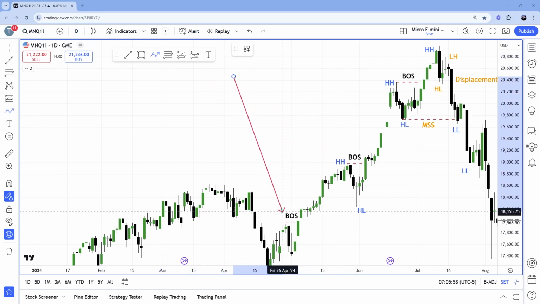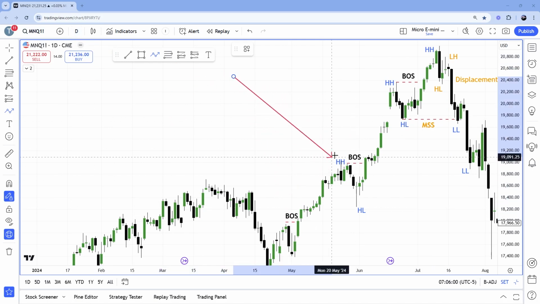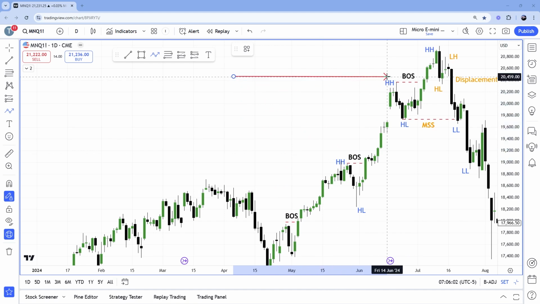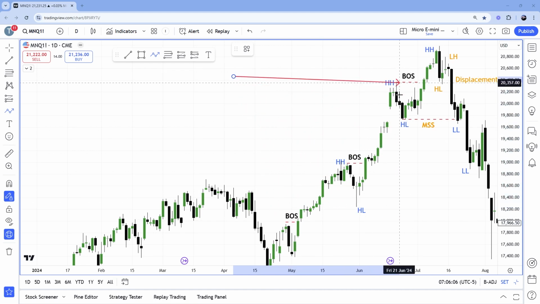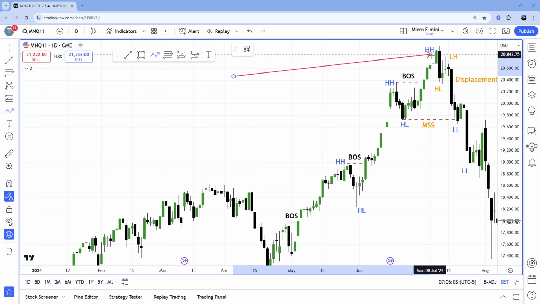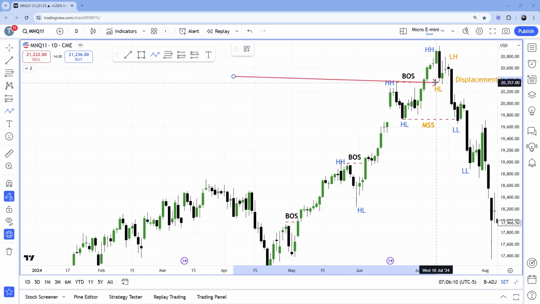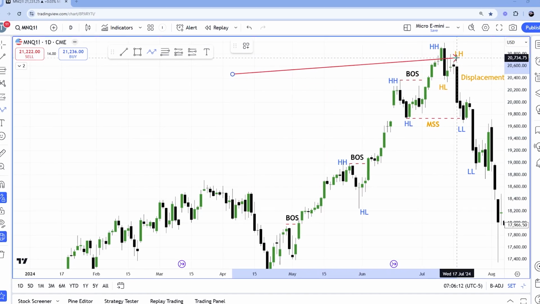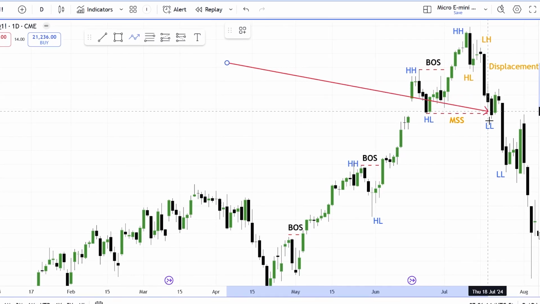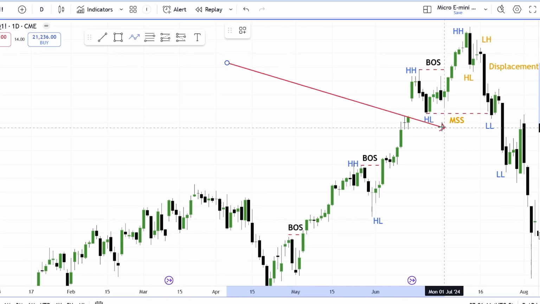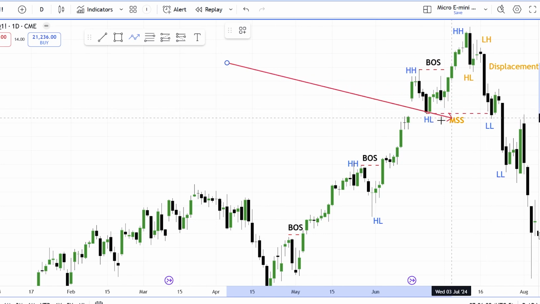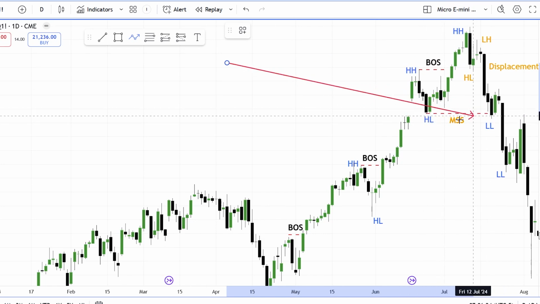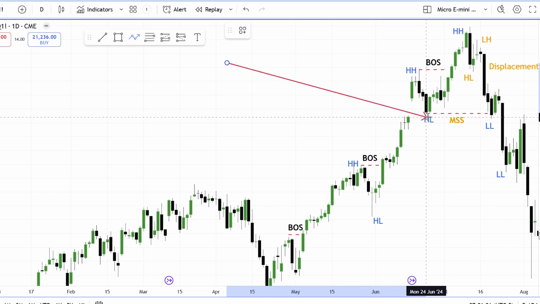You can see in this area the price is in an uptrend making higher highs and higher lows, break of structures. And once this higher high is made, it makes a higher low and then a lower high and then a displacement breaking below this significant higher low. You can see the price has slightly come down, breaking this significant higher low.